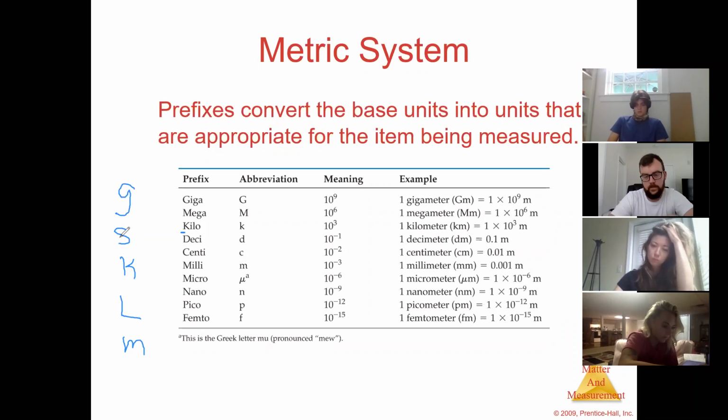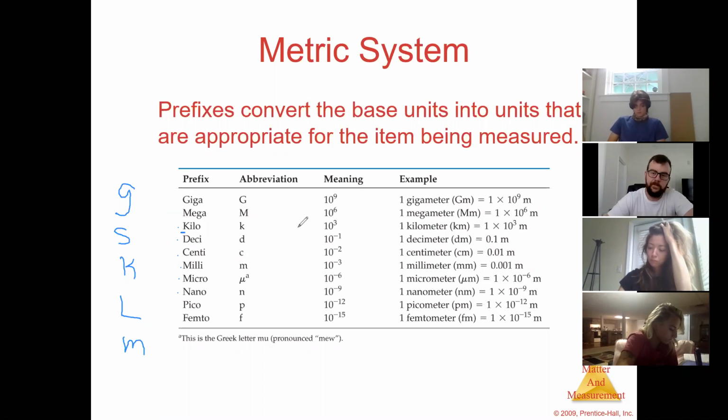And then if we want to get a bigger unit or a smaller unit, we can just stick one of these prefixes on there. So you are going to need to know kilo, deci, centi, milli, micro, and nano, okay?